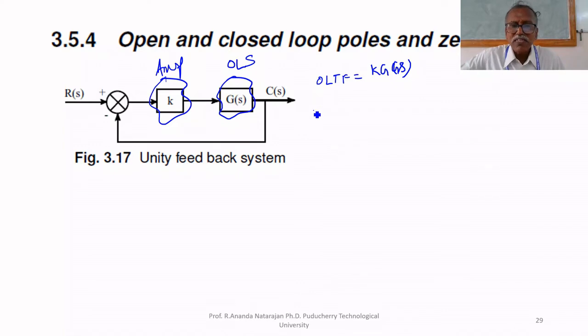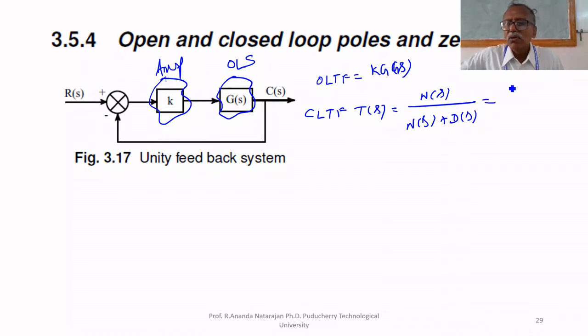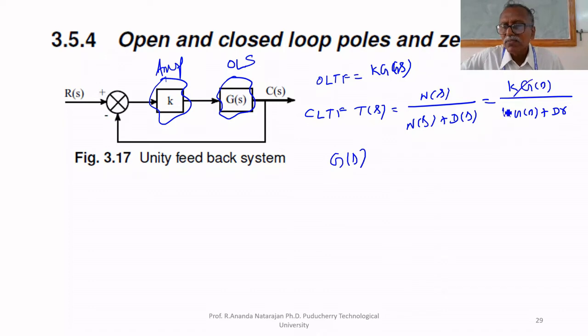What is the closed loop transfer function? Closed loop transfer function T of s, with unity feedback, equals n of s upon n of s plus d of s, that is k g of s upon k g of s plus d of s. Suppose g of s is written as n of s upon d of s.